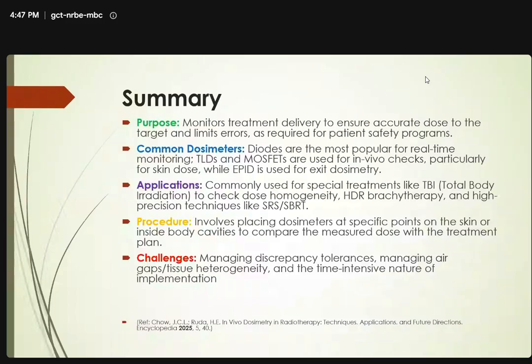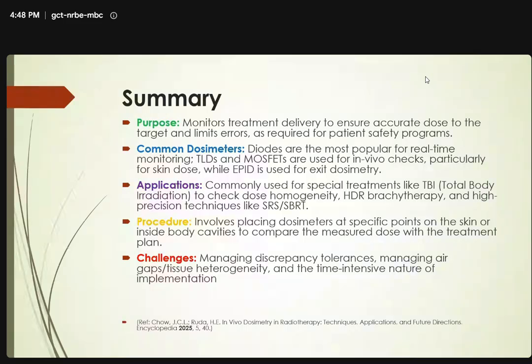The applications of IVDs are commonly used for special treatments like total body irradiation to check the dose homogeneity, HDR high dose rate brachytherapy, and high precision techniques like SRS and SBRT.